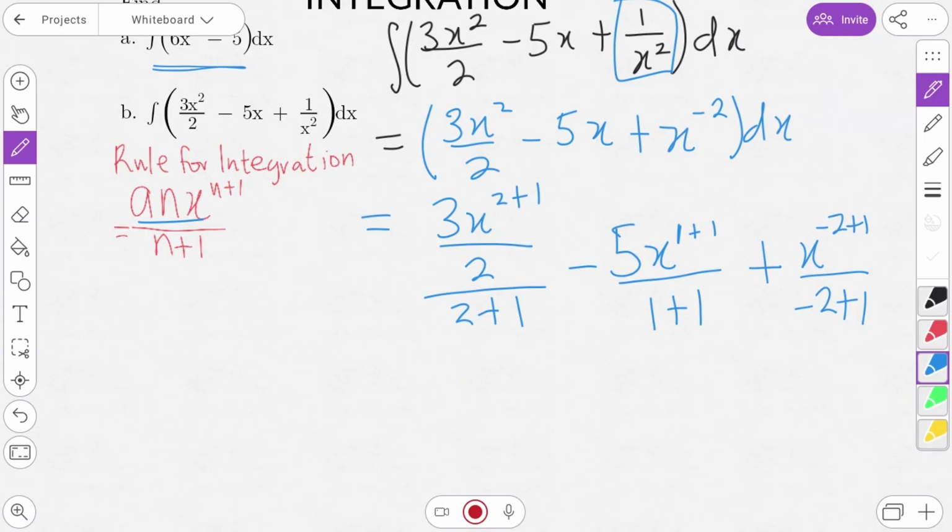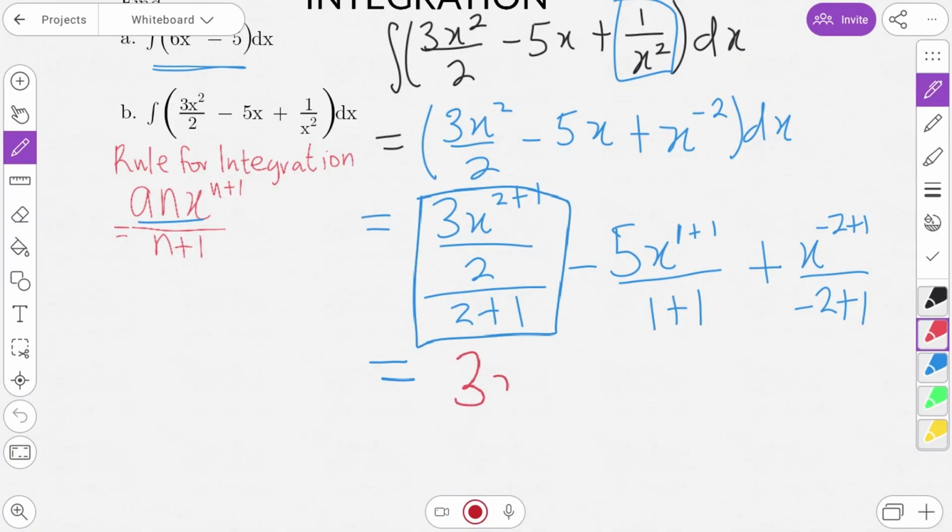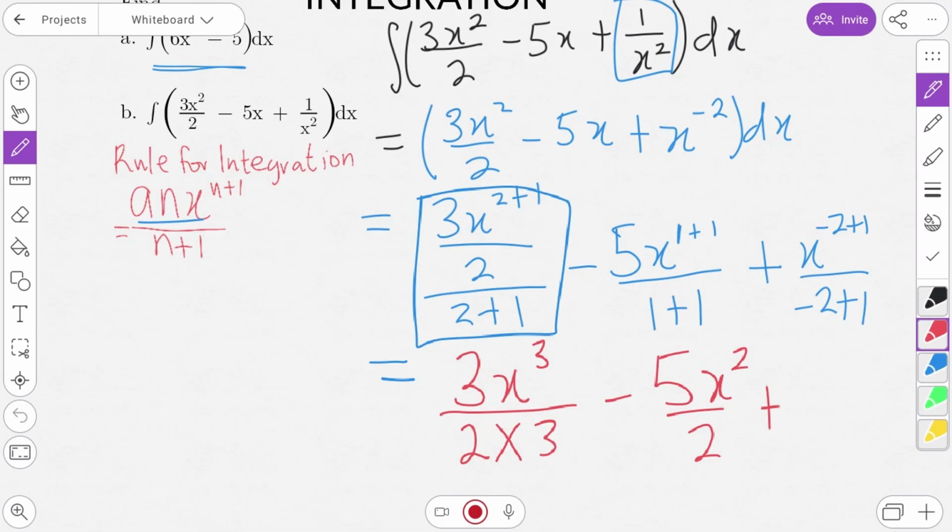Moving on, we have this expression. So we are going to change it, and rewriting it, it will be 3x cubed over 2 times 3 minus 5x squared over 2 plus x raised to an exponent of negative 1 over negative 1.